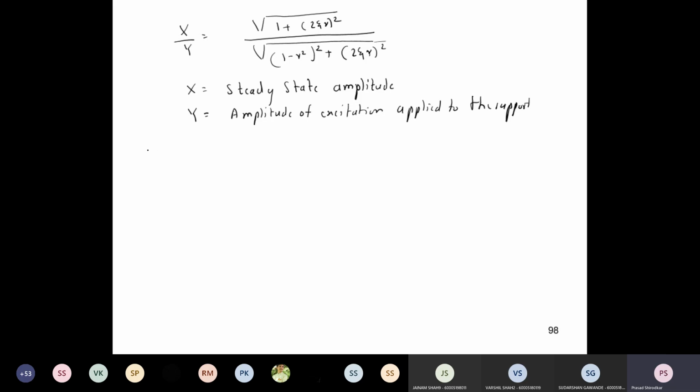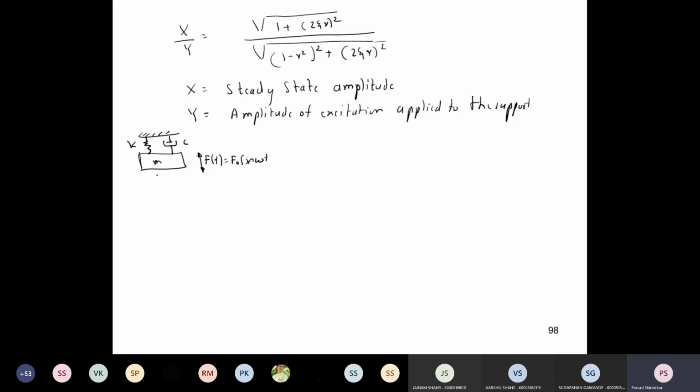Now let's use the part which we have already used. When we did this example, we have a mass, and to this mass you have a spring attached and a damper attached. This is k, this is c, and to this a force f of t is equal to F0 sine omega t was attached. We have discussed this.